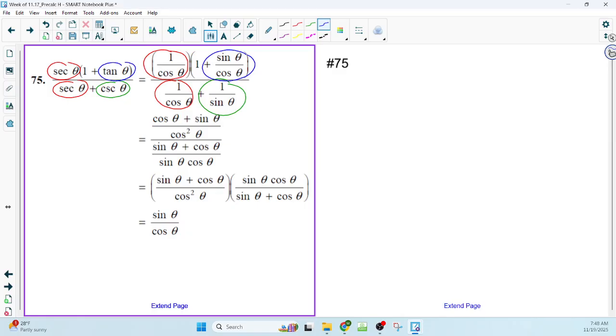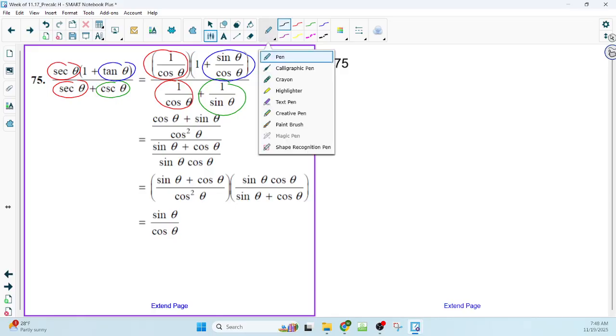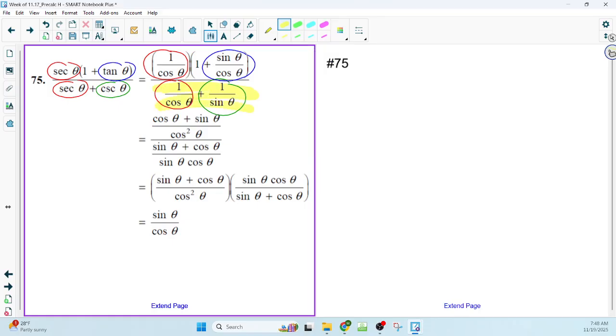So then they're finding a common denominator on the top and on the bottom. So let's just focus on the bottom for a second. I'm going to highlight it for you. We want to make this into a common denominator.